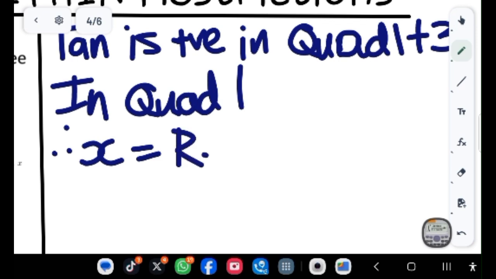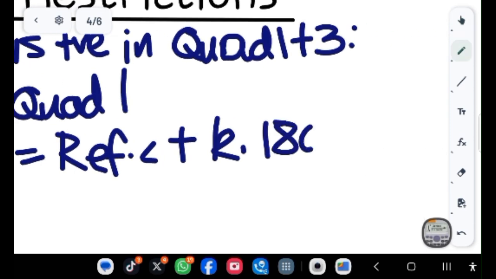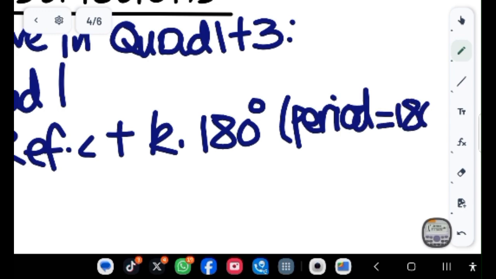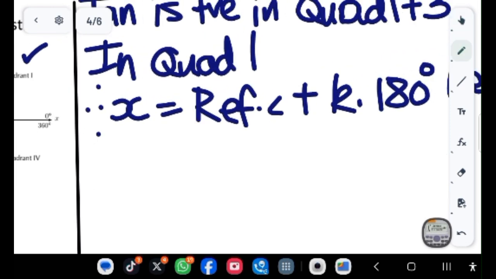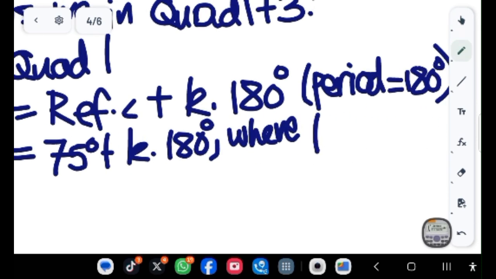So that will be the reference angle plus k times 180 degrees. Reason being that the period for tan is 180 degrees. That's why. Now we substitute the reference angle, therefore x equals 75 degrees plus k times 180 degrees, where k is an element of integers, like it should always.